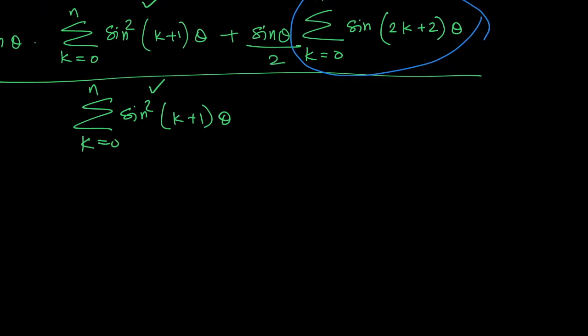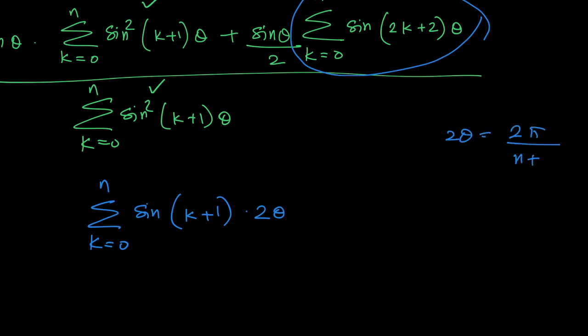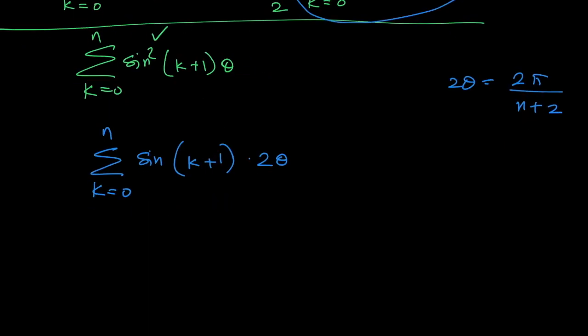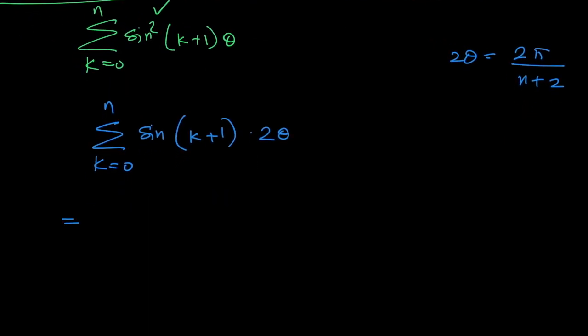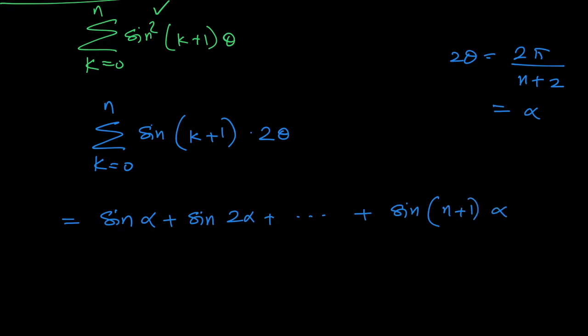Okay, that expression is of the form sigma k equals 0 to n sine of (k plus 1) times 2 theta. Okay, and your 2 theta is nothing but 2 pi divided by n plus 2. So if I call this alpha, this is of the form sine alpha plus sine 2 alpha plus up to sine of (n plus 1) times alpha.